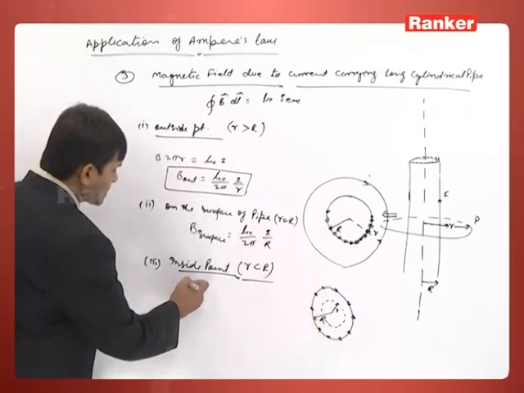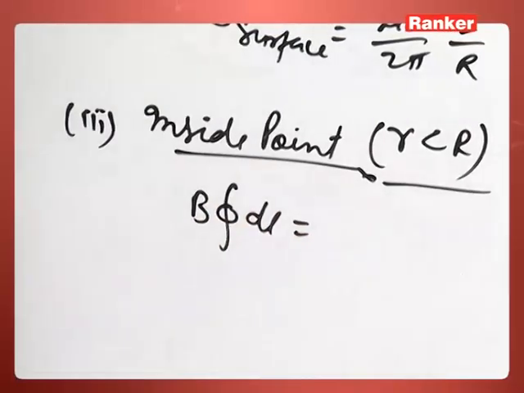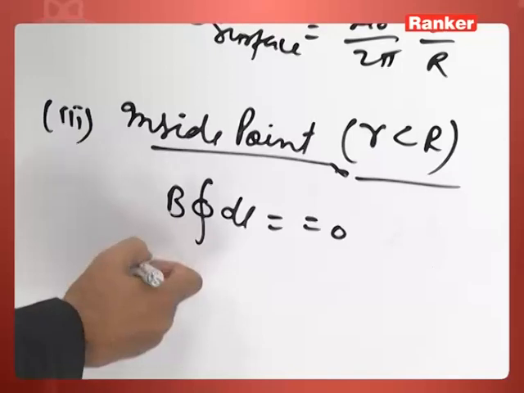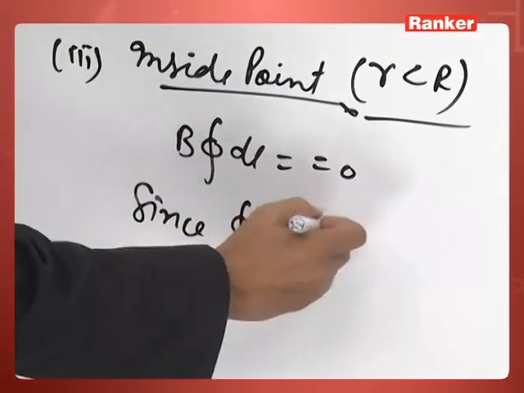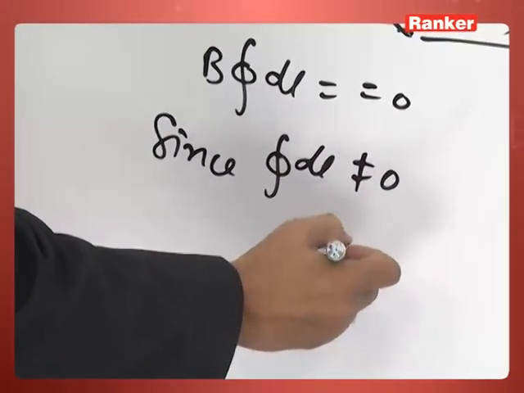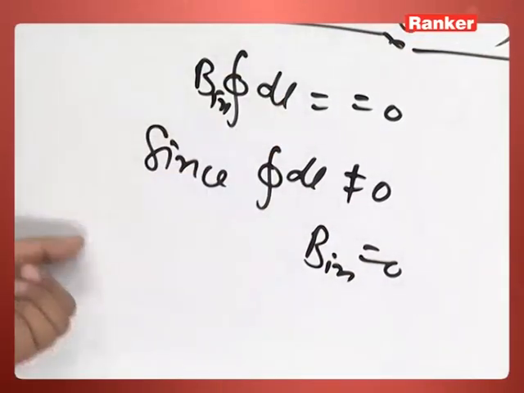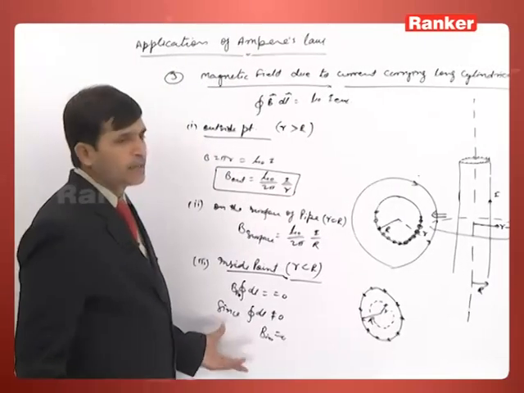So B dot dl integral will be there, but the current is 0. Since dl is not equal to 0, B inside is 0. So there is no magnetic field inside the cylindrical pipe.